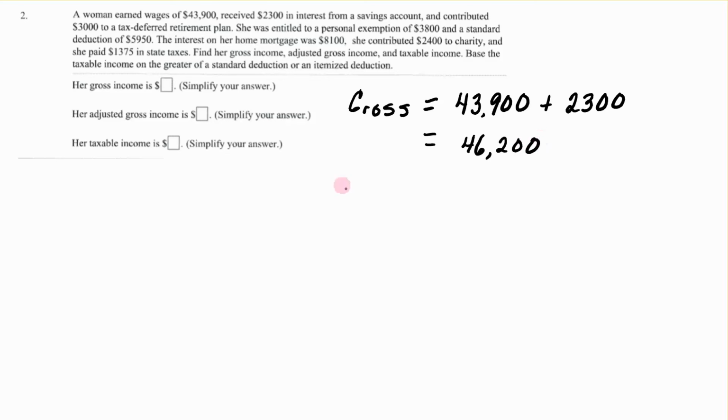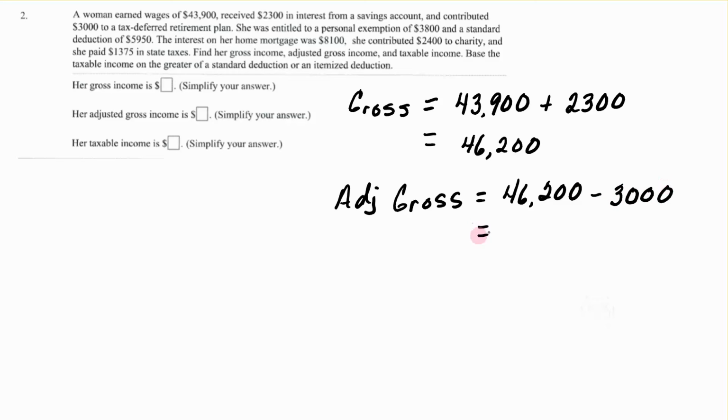Now, her adjusted gross income is her gross income minus any adjustments. And remember, adjustments are things like tax-deferred retirement plans. So we get to take $3,000 off of that, and that gives us $43,200.